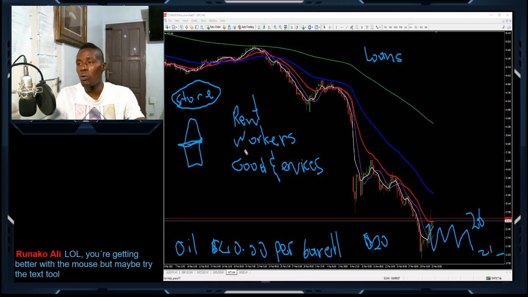So what you're forced to do, maybe cut staff. First thing, you're going to cut staff. Maybe you can decrease, use less things as possible, whether electricity or whatever the case may be.